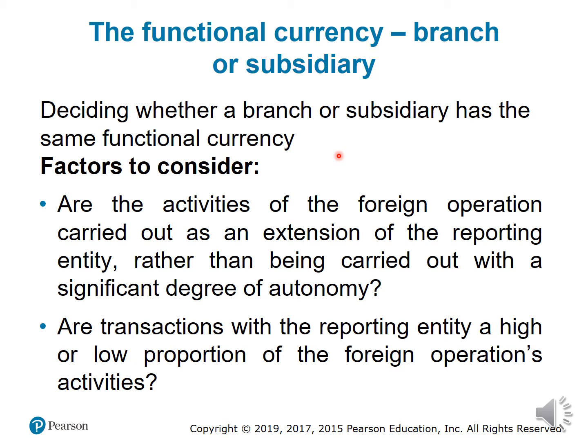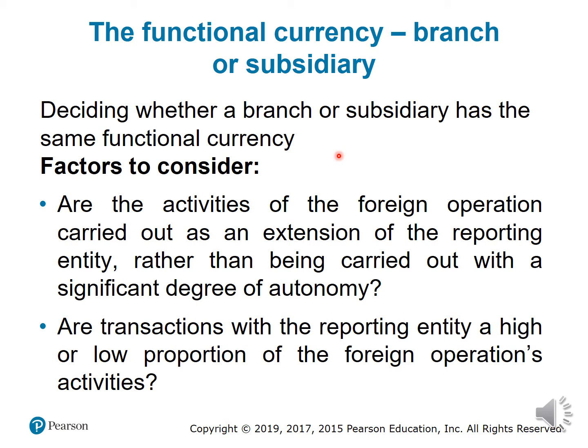Whether the presentation currency and the functional currency are the same or different depends on whether the activities of the foreign operations are carried out as an extension of the reporting entity, rather than being carried out with a significant degree of autonomy. If it is just an extension, it should be the same functional currency. If it is significantly different, in that case it should be different.